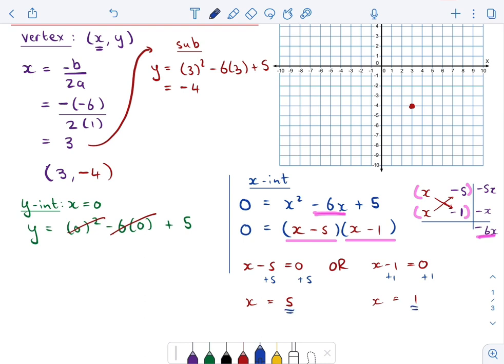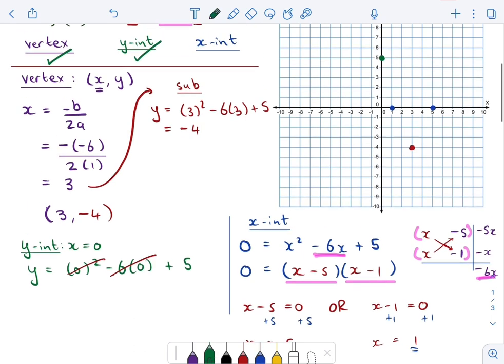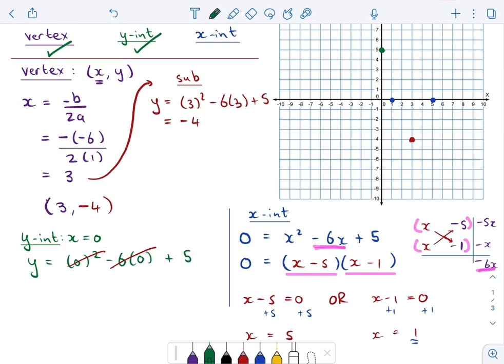That means that those are the x-intercepts of my graph. So I would sketch the 2 points on the x-axis, where y is equal to 0, x is equal to 1, and x is equal to 5. Now I have got all 3 of my points: the vertex, the y-intercept, and the x-intercepts.